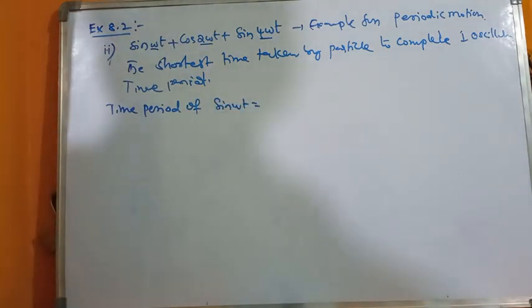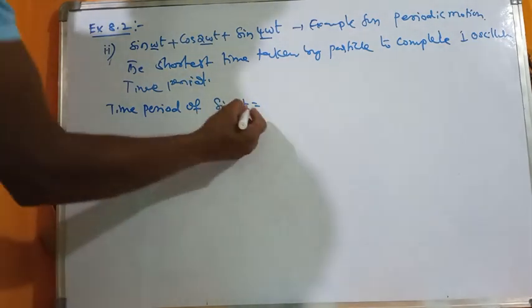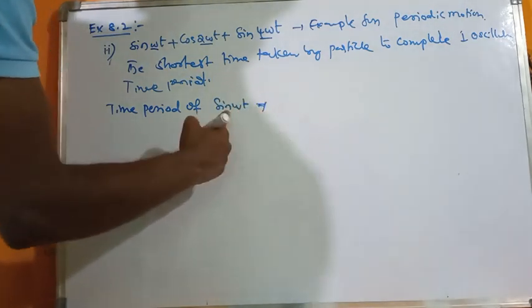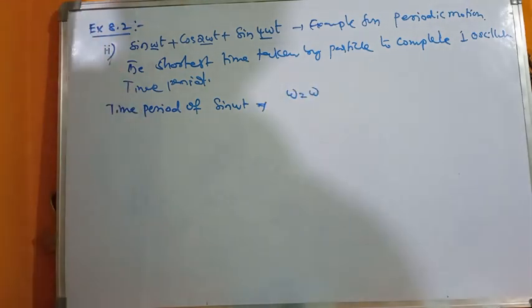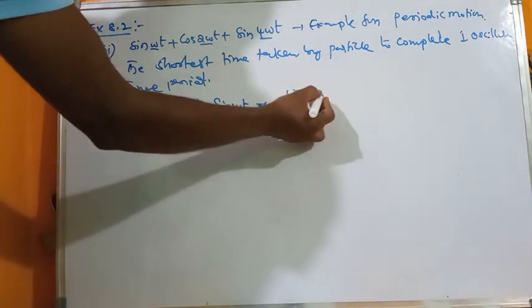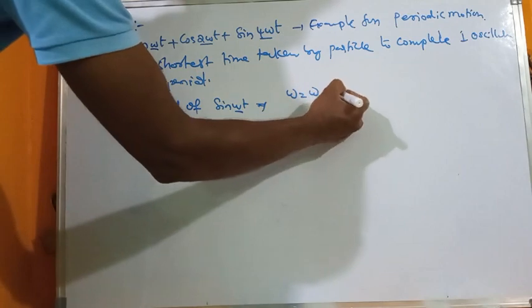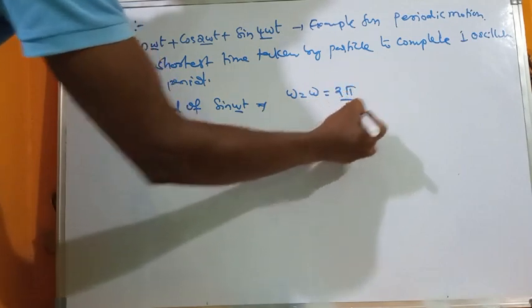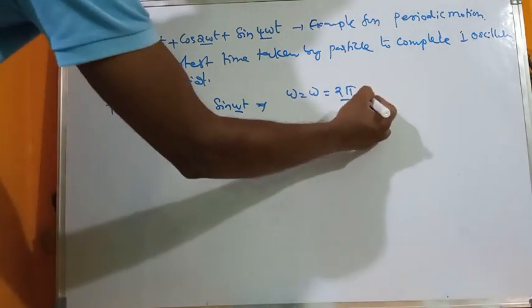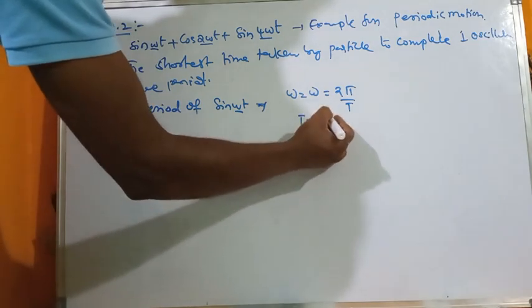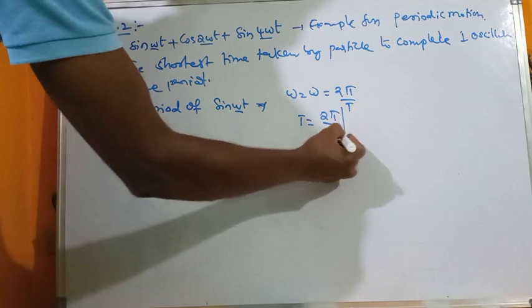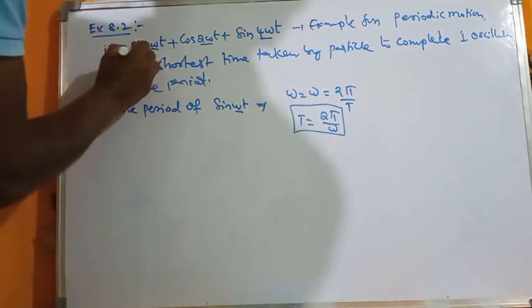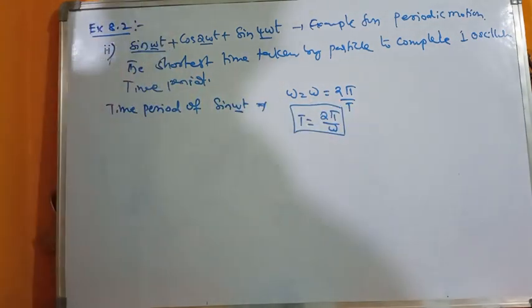Here we have omega, and this omega is equal to 2 pi by capital T. From that, T is equal to 2 pi by omega. This is the time period of this term only, that is sin omega t.